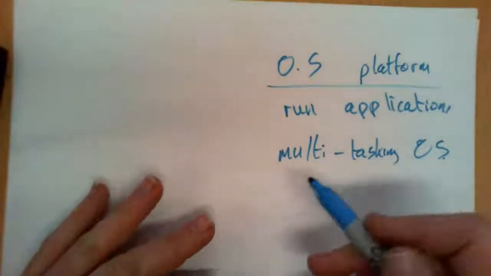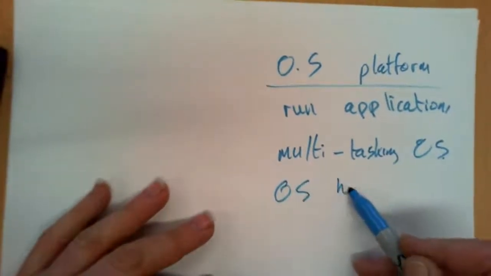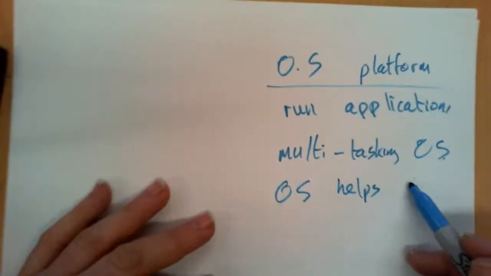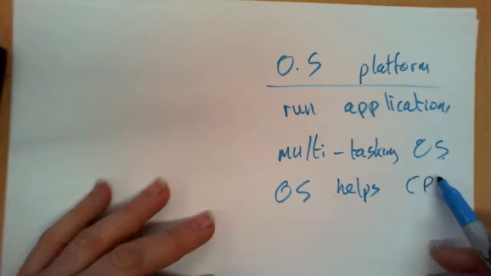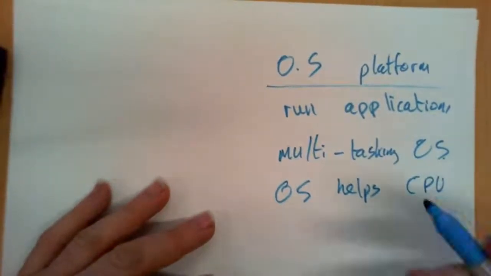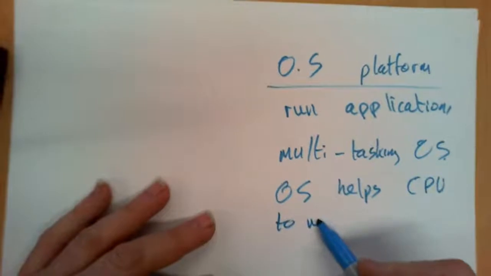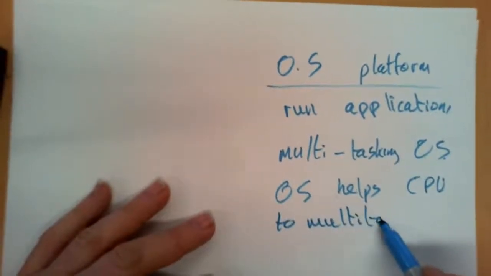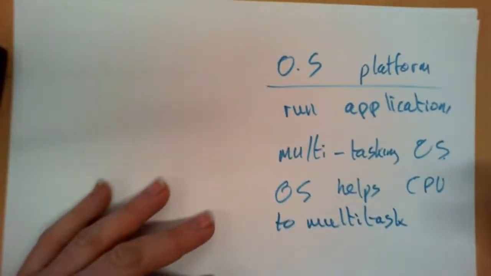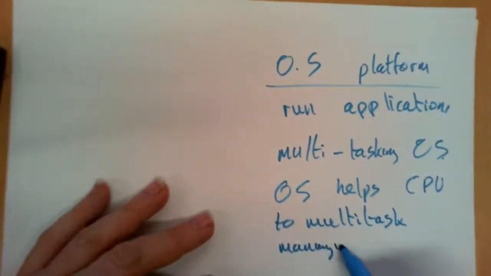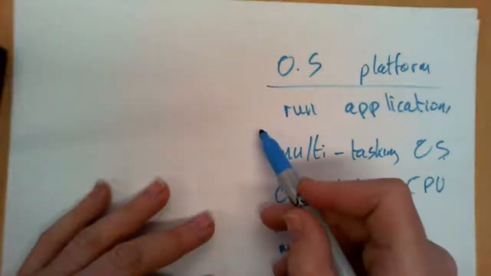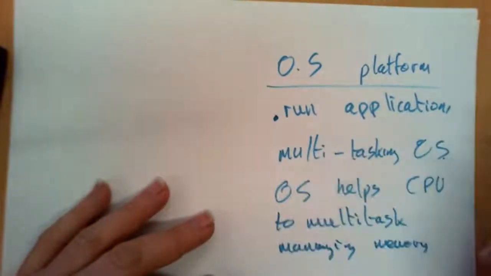So we know that the OS helps the CPU to multitask, and it does this really through managing the memory, basically. So it helps to run the applications.